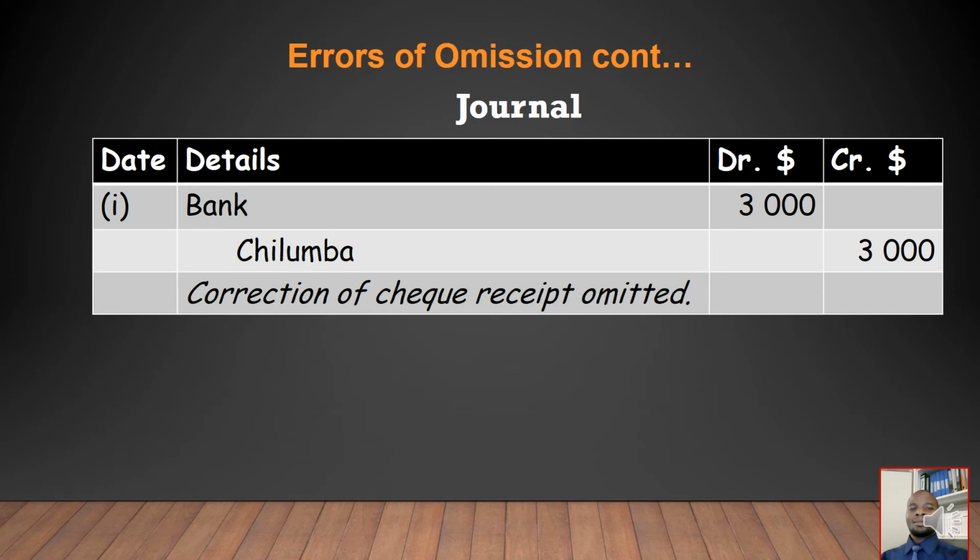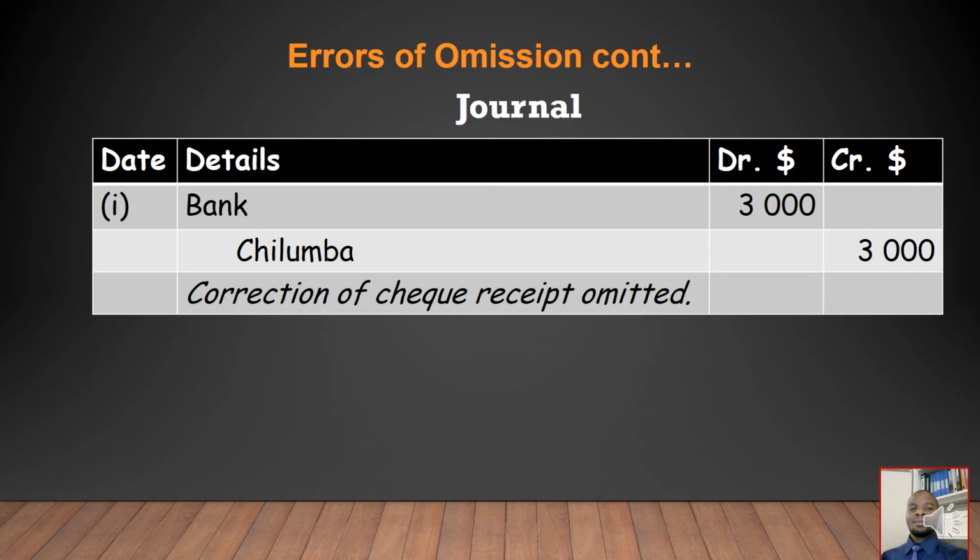So to correct the error of omission for this check that was received from Chirumba, we need to debit the bank account and credit Chirumba account. So this will be followed by a narration. A narration, as we said, is simply an explanation for the entries being made. And the narration in this case is correction of check receipt omitted.